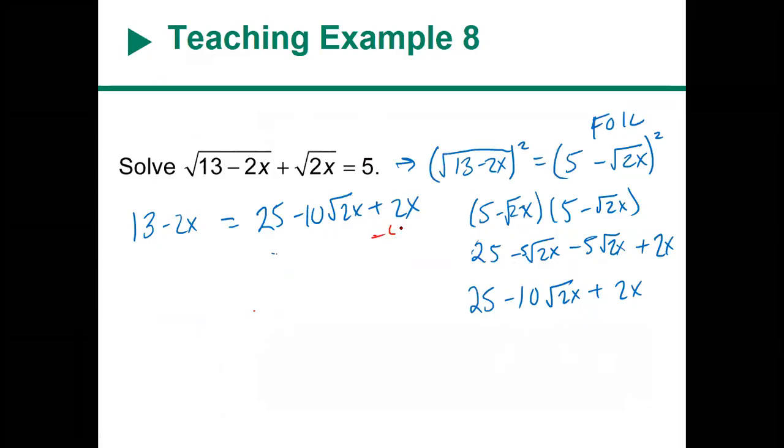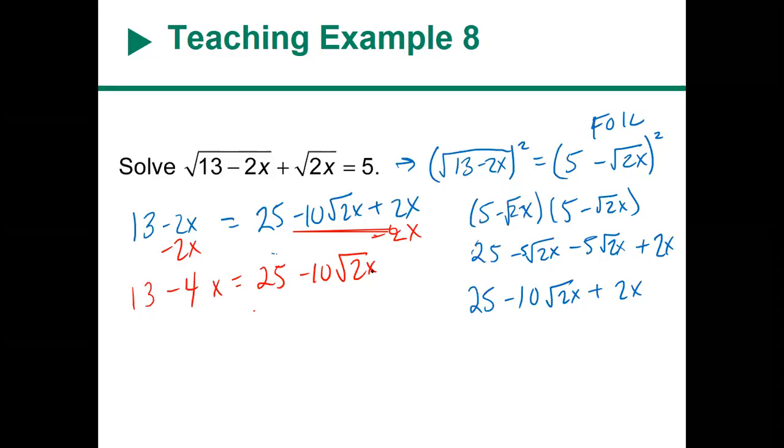So minus 2x. And then I'm going to subtract 25. And that's going to give me negative 12 minus 4x equals negative 10 square root of 2x.